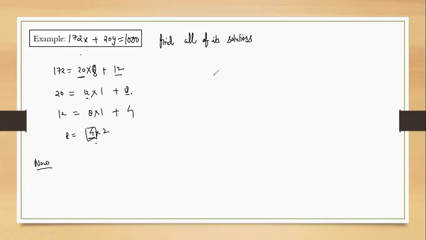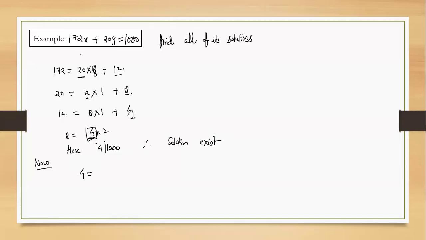Sorry, there is a technical glitch. Here 4 divides 1000. Therefore, solutions exist. And how can we determine the first solution? We will start with this 4.